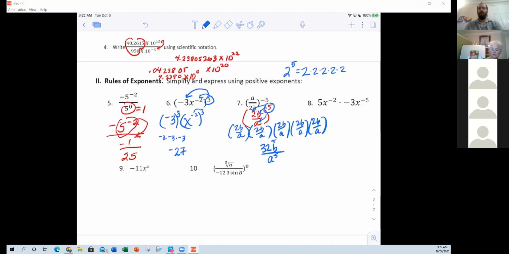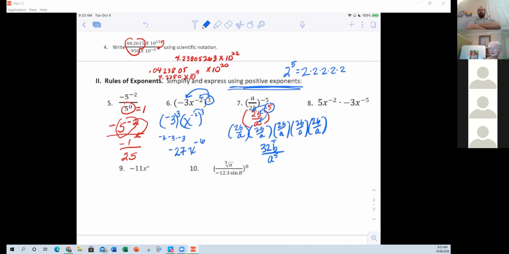So that's going to give us -27x to the -6, right? But then we can't leave it like that. Leticia, why can we not leave it like that? Because of the exponent.